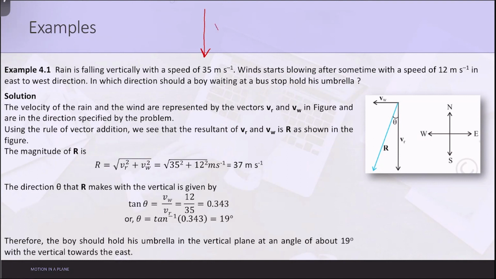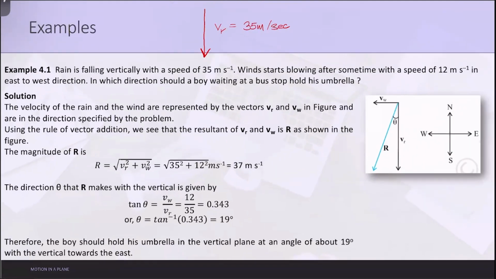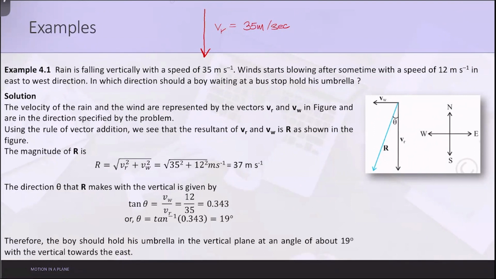Let us denote the velocity of rain by VR, which is given to us as 35 meter per second. Wind starts blowing after some time with a speed of 12 meter per second in east to west direction.